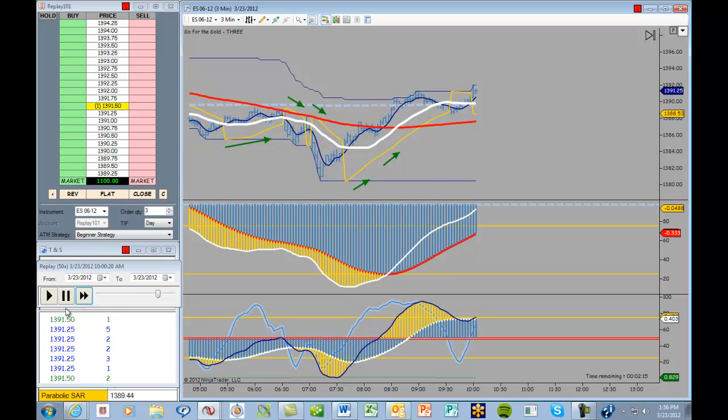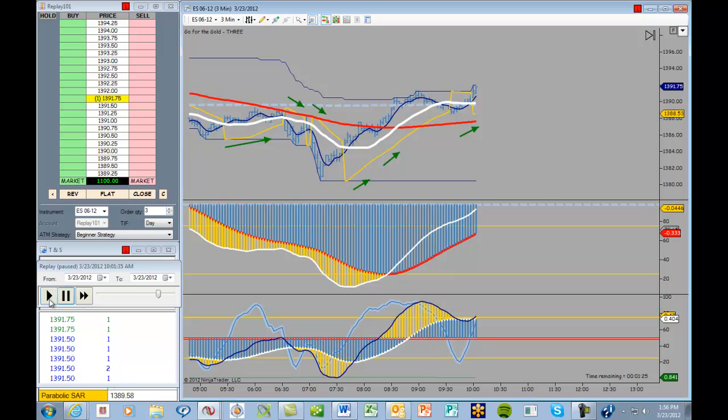Okay, 2 more targets. See how nicely the stochastic came down, went into the oversold zone and turned around? That's the sure bet that it's going to go back out again. So that's a real helpful tool.